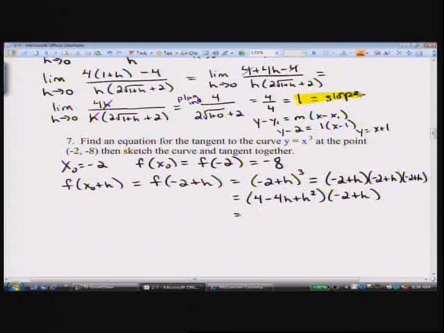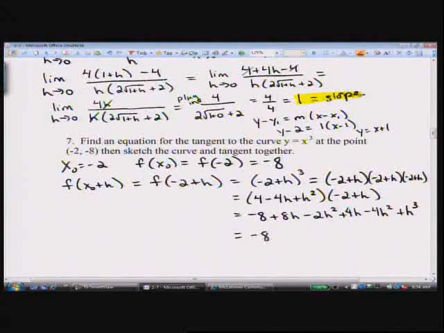And then distributing, this is going to be -8 plus 8h minus 2h squared plus 4h minus 4h squared plus h cubed. So this is going to be -8 plus 12h minus 6h squared plus h cubed.